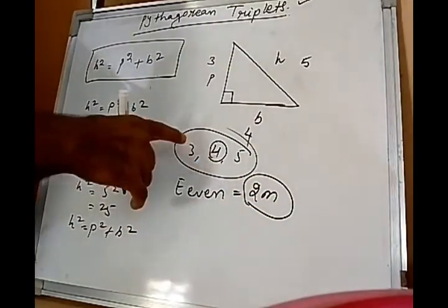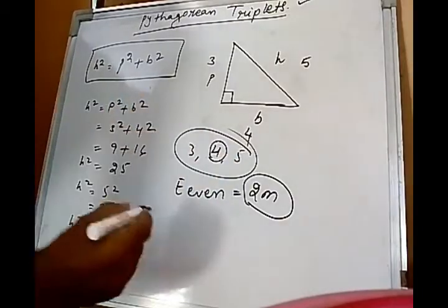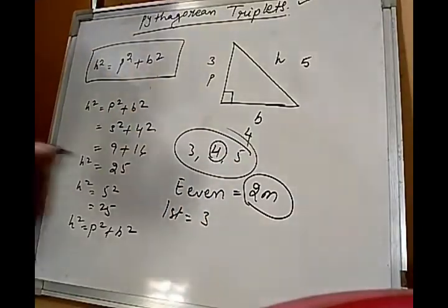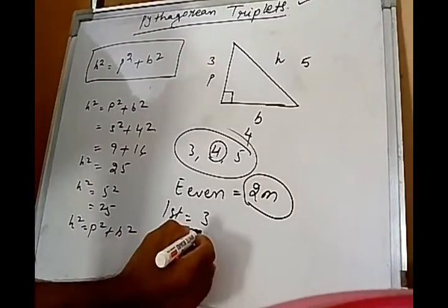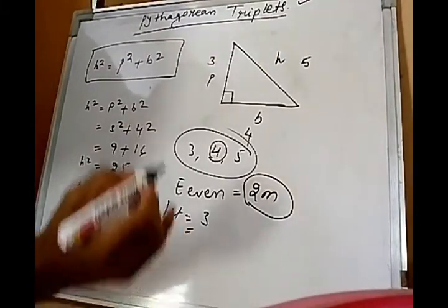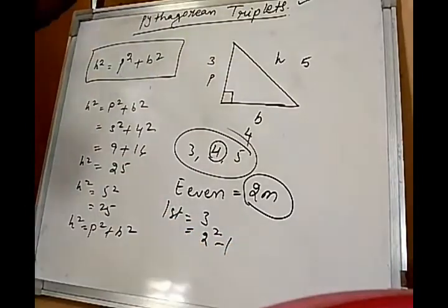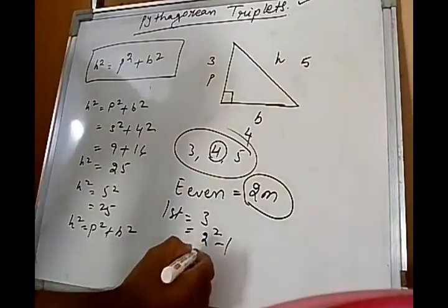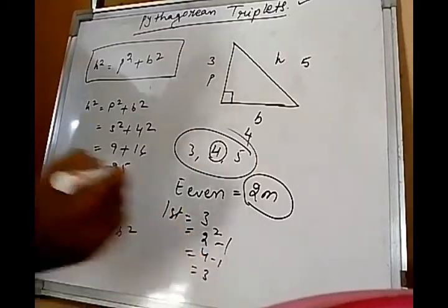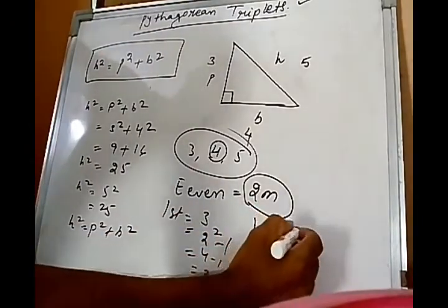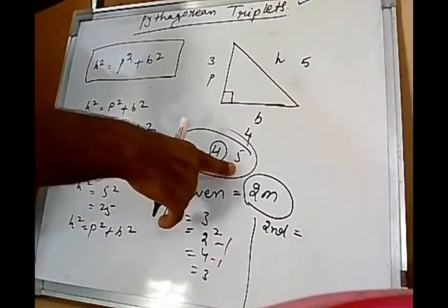Now the rest of the two numbers, that is 3 and 5. First, 3. So 3 is what? Here 3 is the square of a number minus 1, that is 2 square minus 1, that is 4 minus 1 equals 3. The second number is 5.